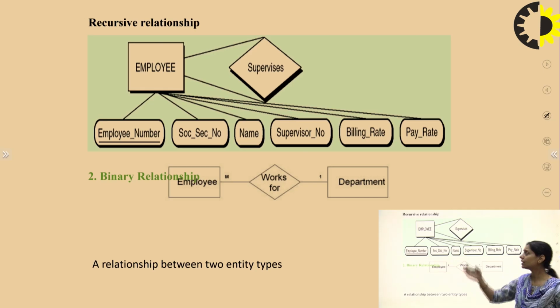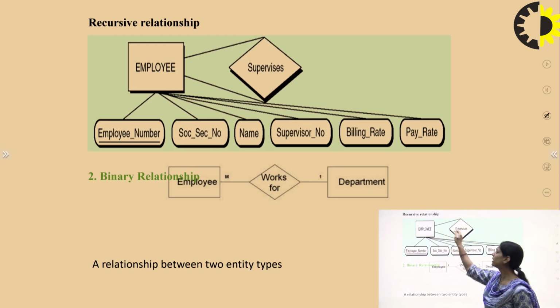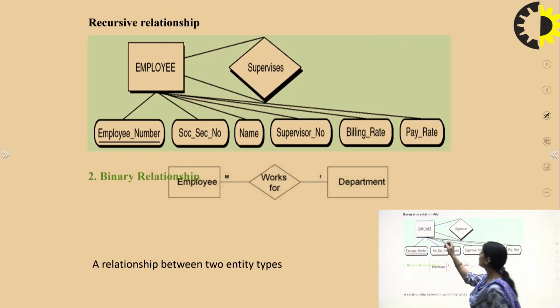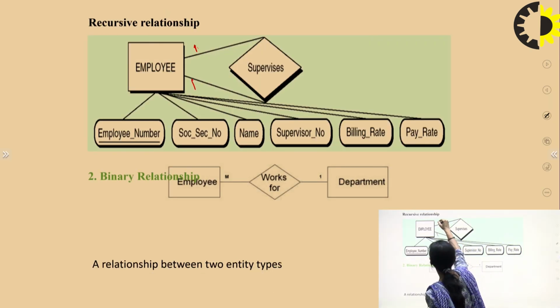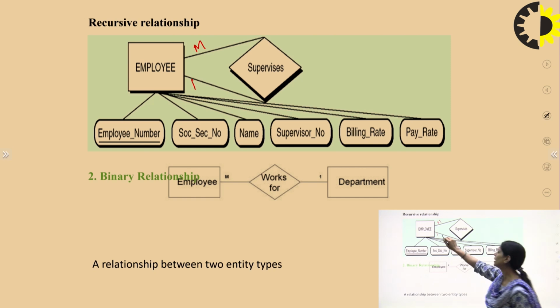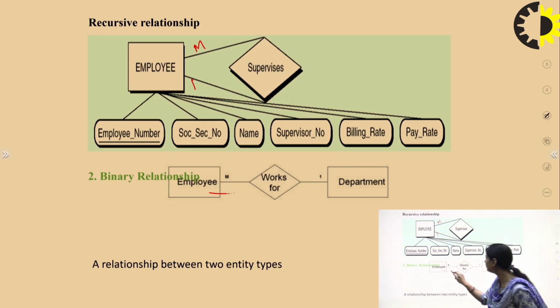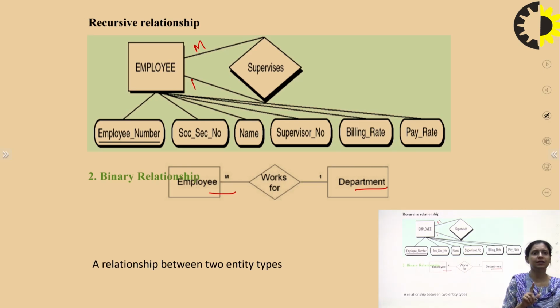So this is again a recursive relation. I just missed it in the previous one. So employee supervised by, that is what we saw over here. Now one employee supervises multiple employees. Now this employee will have multiple attributes. Then a binary relationship where we have multiple employees who are working for a single department.